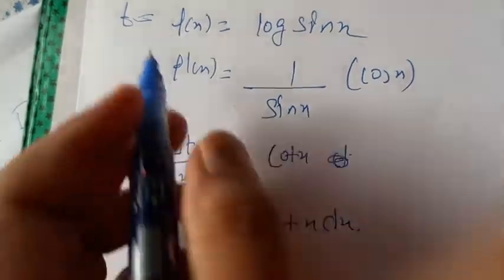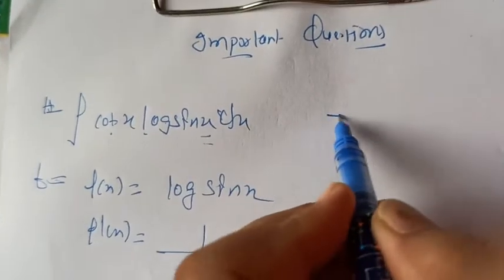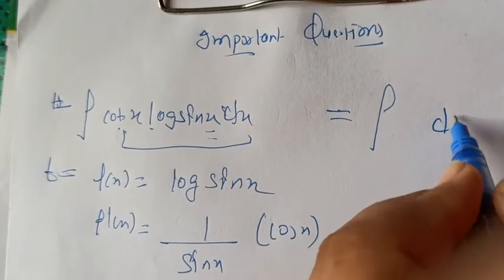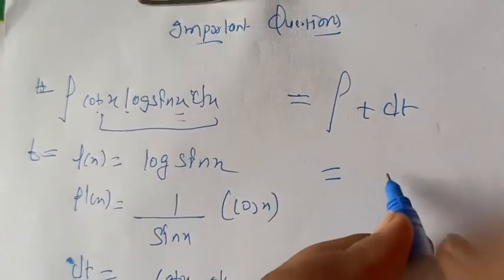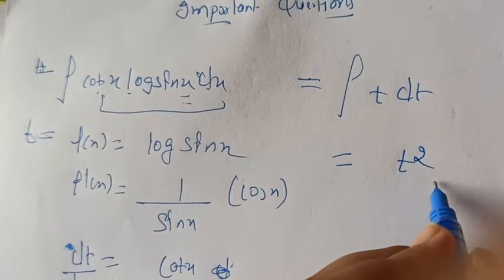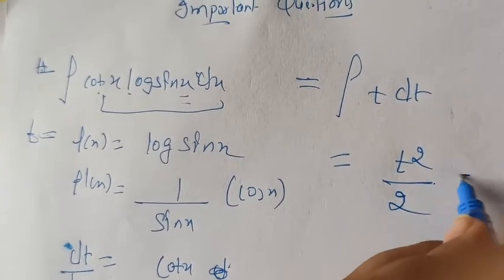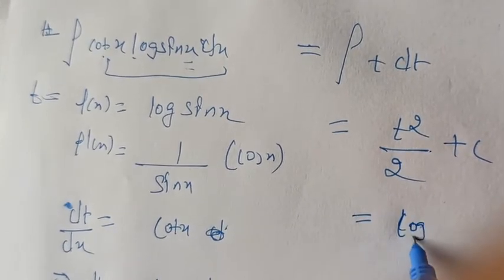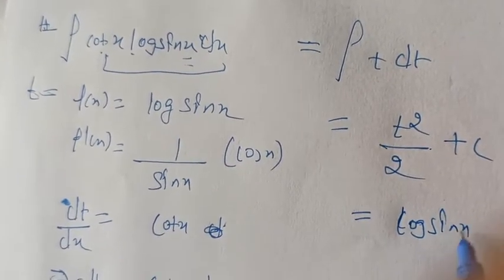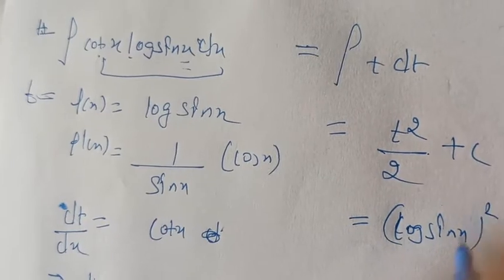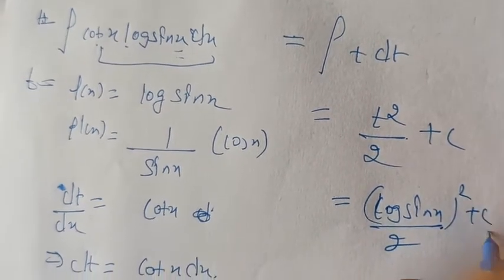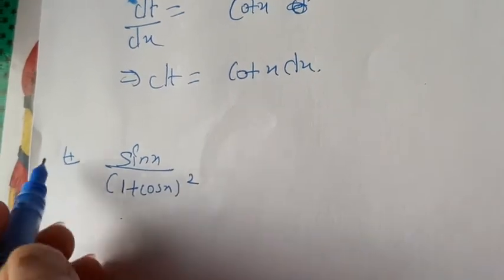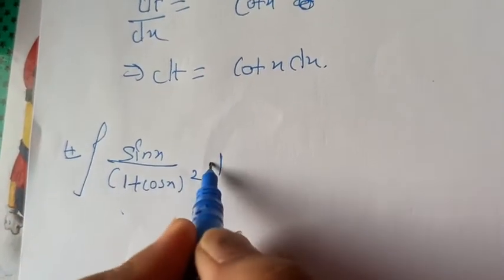When you put these values in this equation, this part is your dt and this is your t. Now take integration: t square by 2 plus c, and the value of t is log sin x, so the answer is (log sin x) square by 2 plus c.